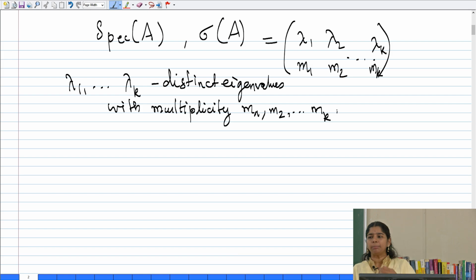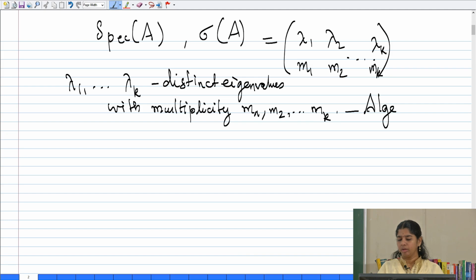And this multiplicity is also called the algebraic multiplicity. For an eigenvalue, if it occurs m number of times, then we say that lambda occurs with algebraic multiplicity m, right.